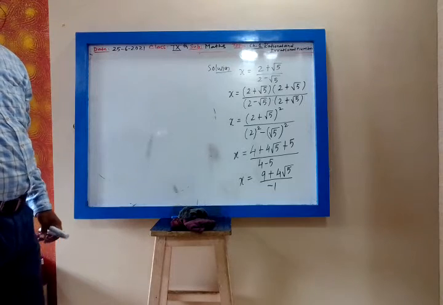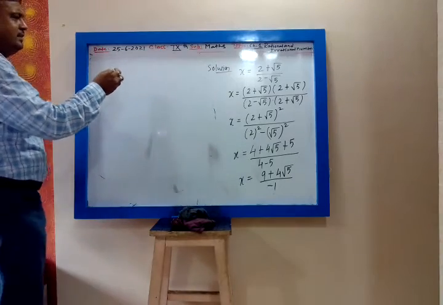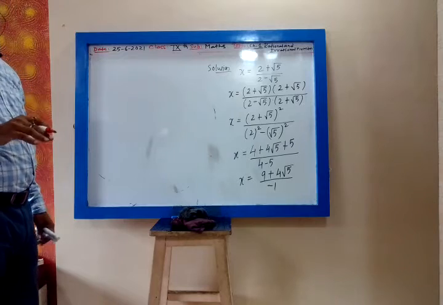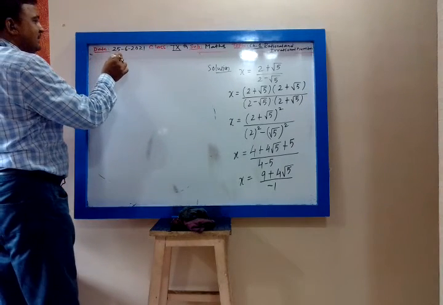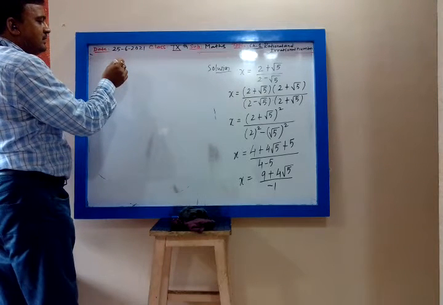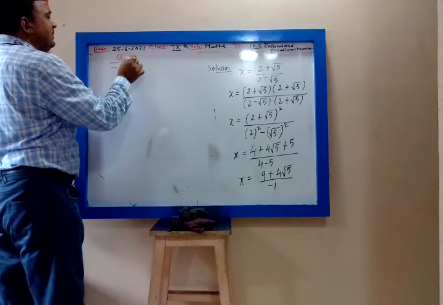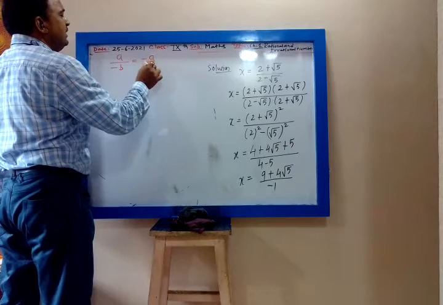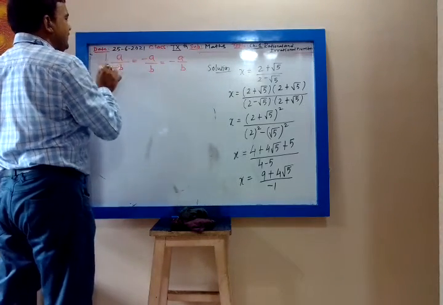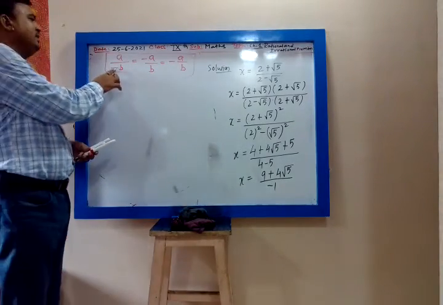No, my dear, you cannot make it plus minus. You have to remember this result. See, a upon minus b is the same as minus a upon b. So this result you remember. Minus sign you can take anywhere, even from the denominator.